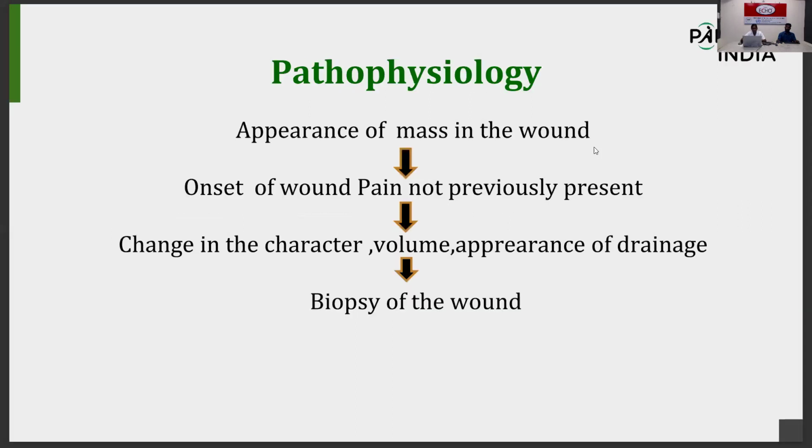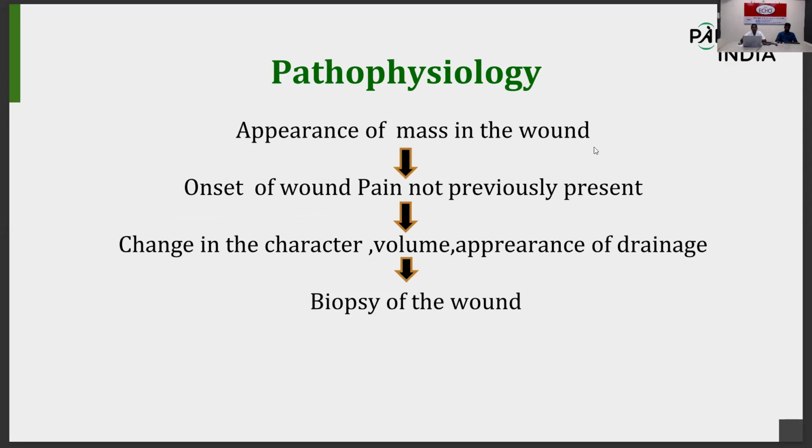The pathophysiology is that we have a chronic wound, and there is appearance of a mass in the wound and onset of wound pain not previously present. There is also a change in the character, volume, and appearance of the drainage.